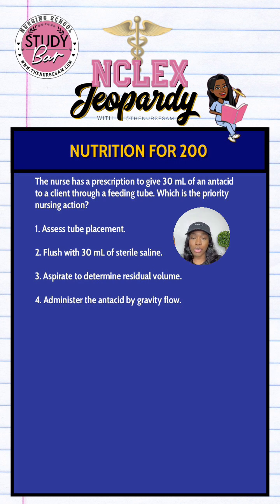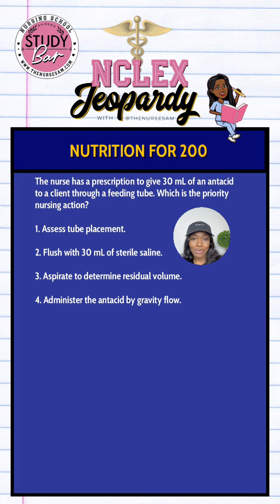Remember what I said, read through the question and all the answer choices one good time, and then go back and reread that last line. We are looking for the priority nursing action. What do we know about that word priority?